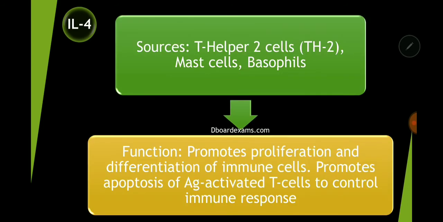Interleukin 4 is produced by T helper cells, or Th2 cells, and also by mast cells and basophils. A function of interleukin 4 is to promote proliferation and differentiation of immune cells, similar to interleukin 2. It also promotes the apoptosis of the activated T cell to control the immune response. So IL-2 and IL-4 are produced by different cells; however, the function is similar.